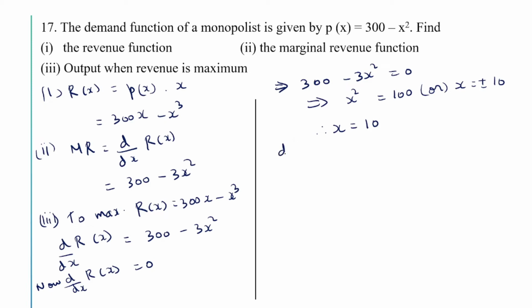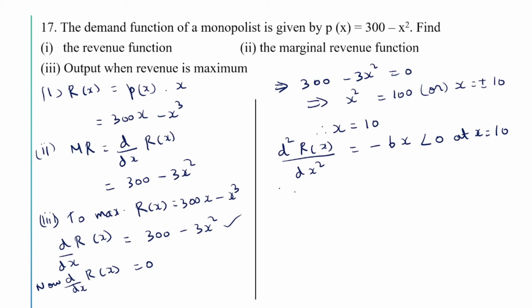Now we will find d square R of x by dx square. So if we differentiate this, we get minus 6x. So this is less than 0 at x is equal to 10.